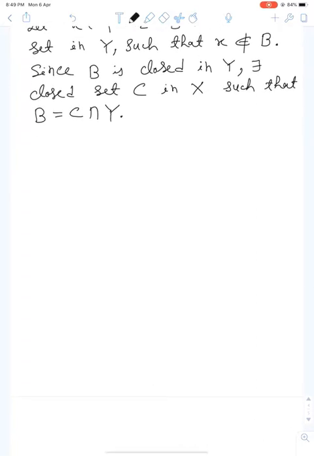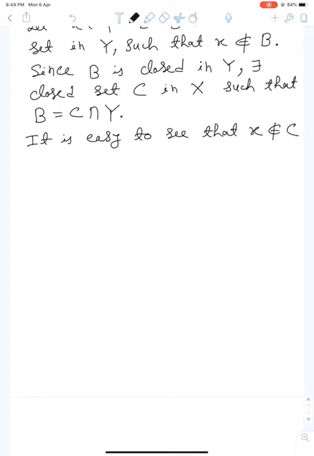Now claim that it is easy to see that x does not belong to C. Why?